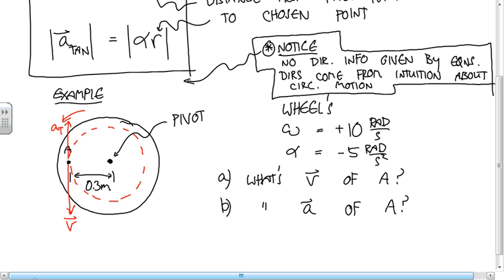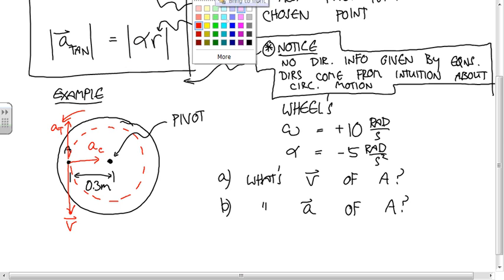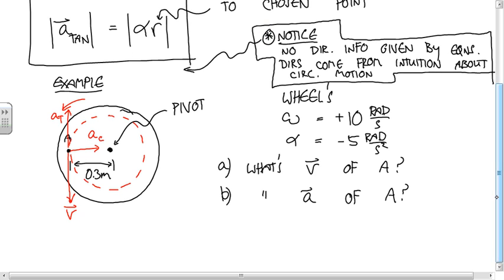And now that's not all. This point is in circular motion, so what other acceleration part are we missing so far? There's centripetal also, and that's going towards the center of the circle. Okay, so now we have all the directions. These equations will give us the magnitudes. So we can combine those to get vectors.